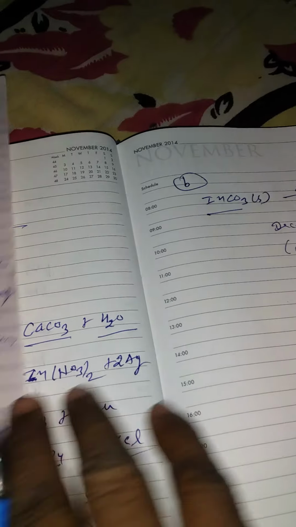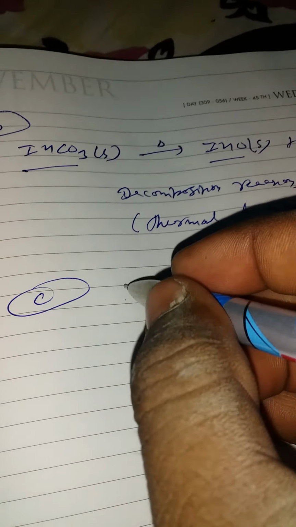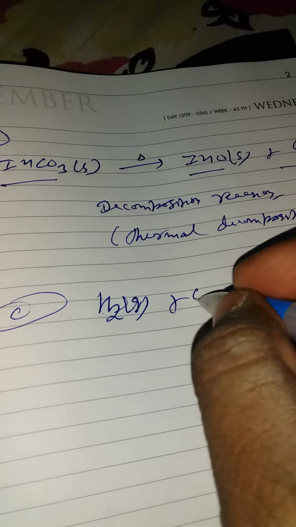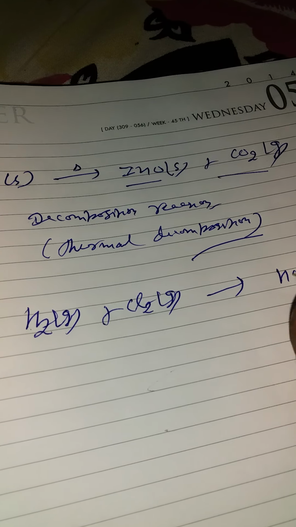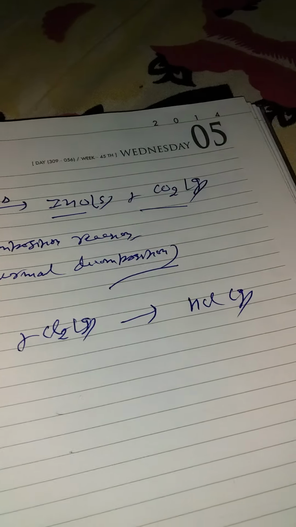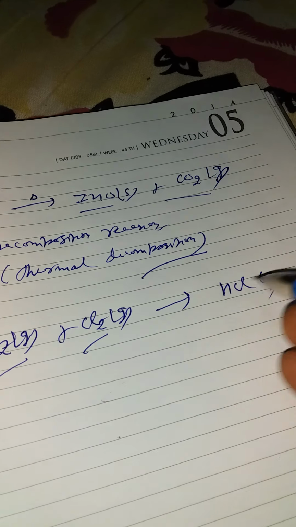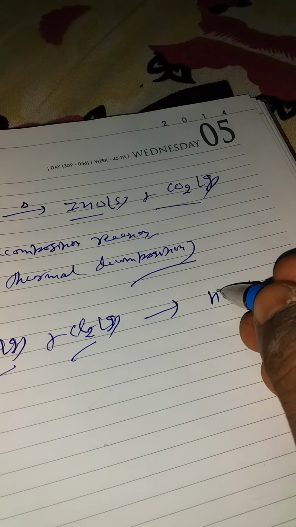See, hydrogen gas H2 reacts with chlorine gas to form HCl, hydrogen chloride gas. So here there are 2 atoms of hydrogen and 2 atoms of chlorine, and on the product side 1 atom of hydrogen and 1 atom of chlorine.